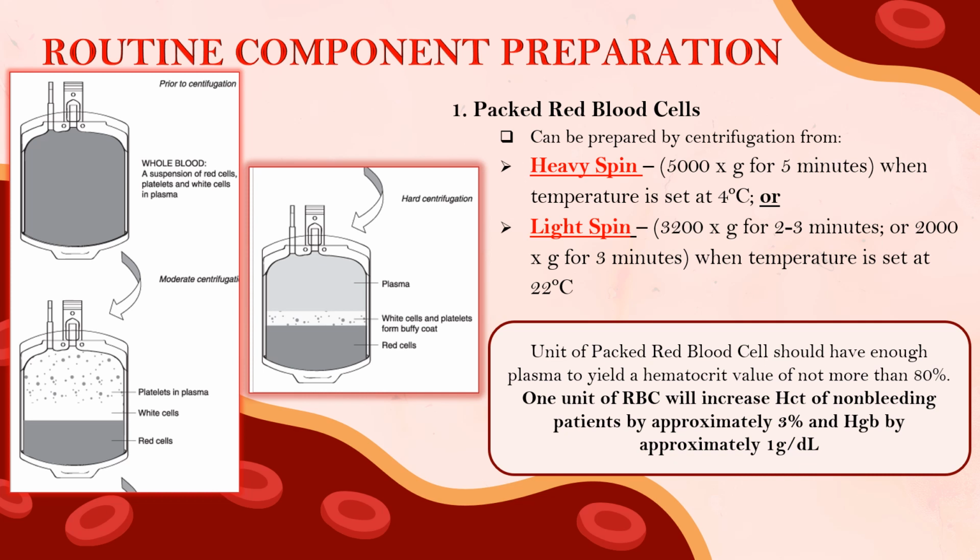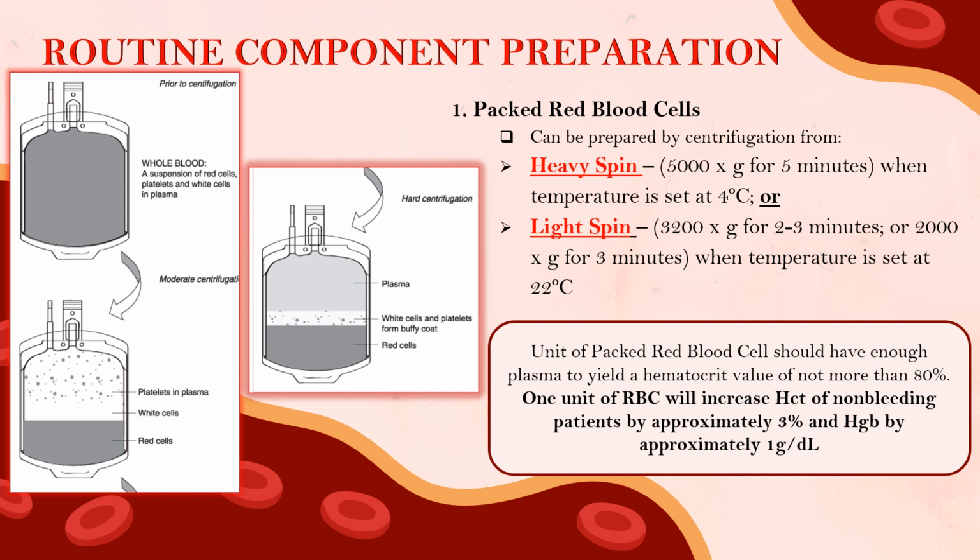It ranges from 2 to 3 minutes centrifugation time with a spin speed of 3,200 g or 2,000 g for 3 minutes, when temperature is set at 22 degrees centigrade, and if the whole blood is to be used for platelet concentrate preparation.